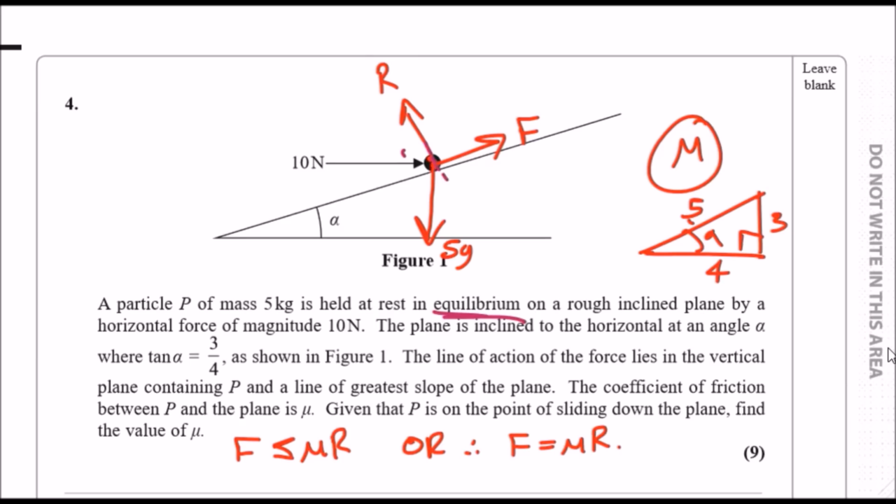So if I was to extend this line, I could say that the weight is at an angle of alpha. Okay? And the friction force is completely perpendicular, so that's good. Now the push, the 10 newtons, if we just extend the line, because if you extend the force, it's the same force, we can see that it's perfectly horizontal. So just making an incline, we can say that this is at an angle.